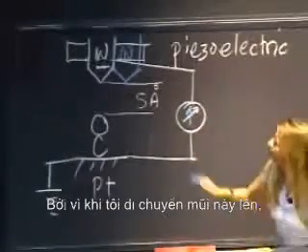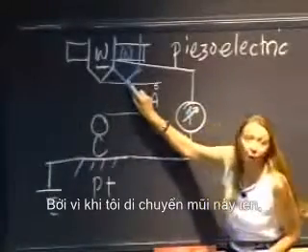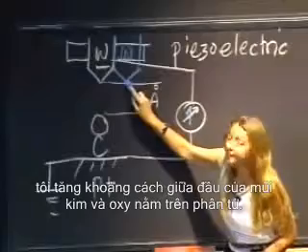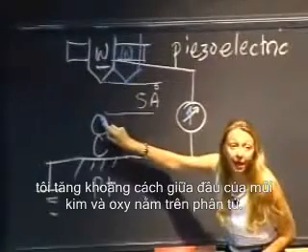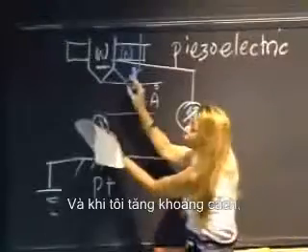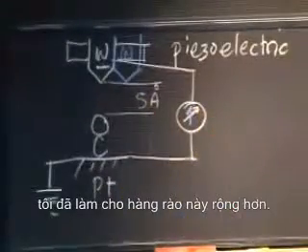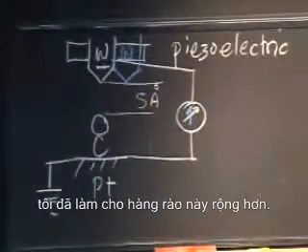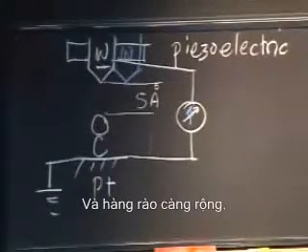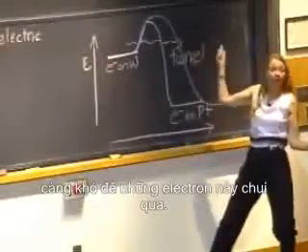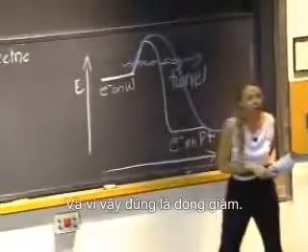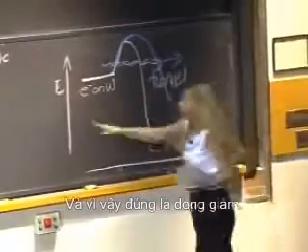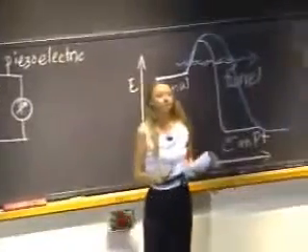Why? Because when I move this tip over, I increase the distance between the end of the tip and the oxygen end of the molecule. And when I increase the distance, what I do is I make this barrier wider, right? And the wider the barrier is, the more difficult it is for those electrons to tunnel through. And so the current actually goes down.